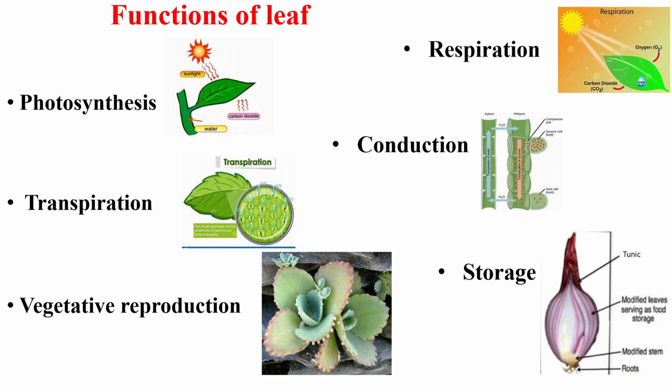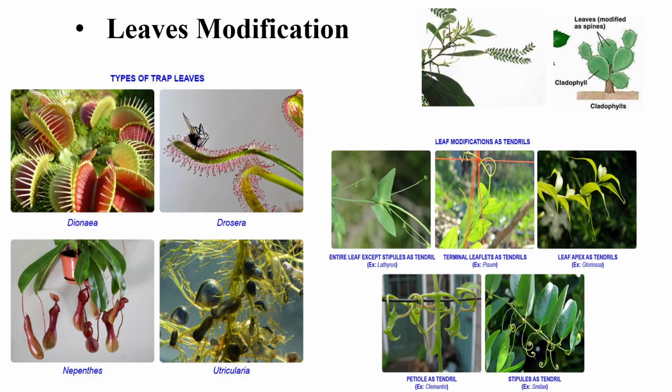Some leaves become fleshy and store food materials in them. Example, onion. Some plants' leaves produce new plants vegetatively. Example, Bryophyllum. The leaves of some plants are variously modified to do special functions.